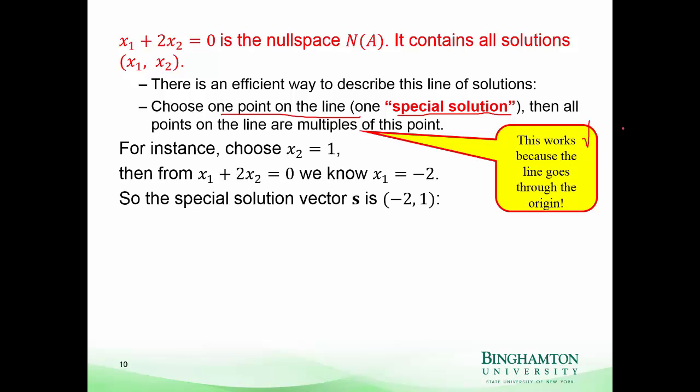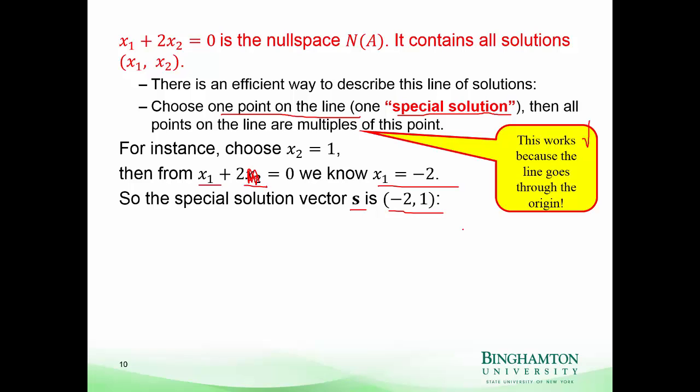So for instance, if we just pick x2 equal to 1, then x1 plus 2 is equal to 0, which tells us that x1 must be minus 2. So our special solution vector, which we'll call S, is this.